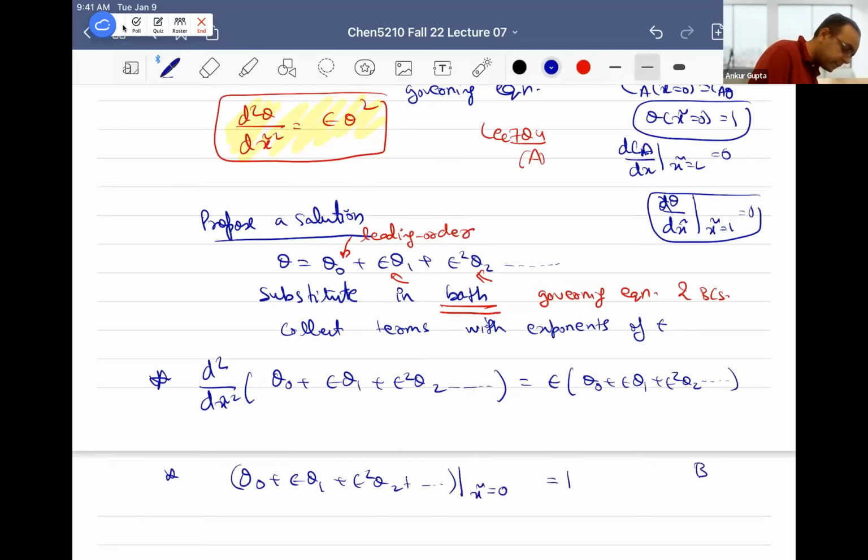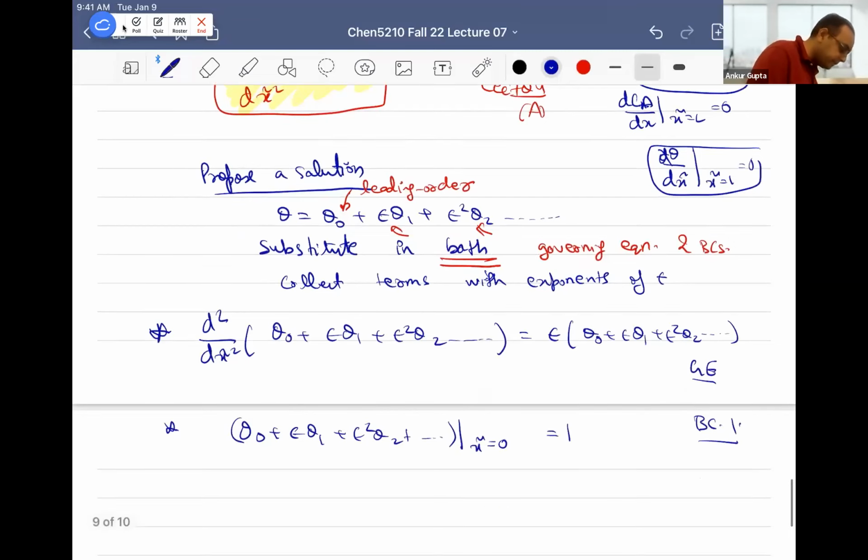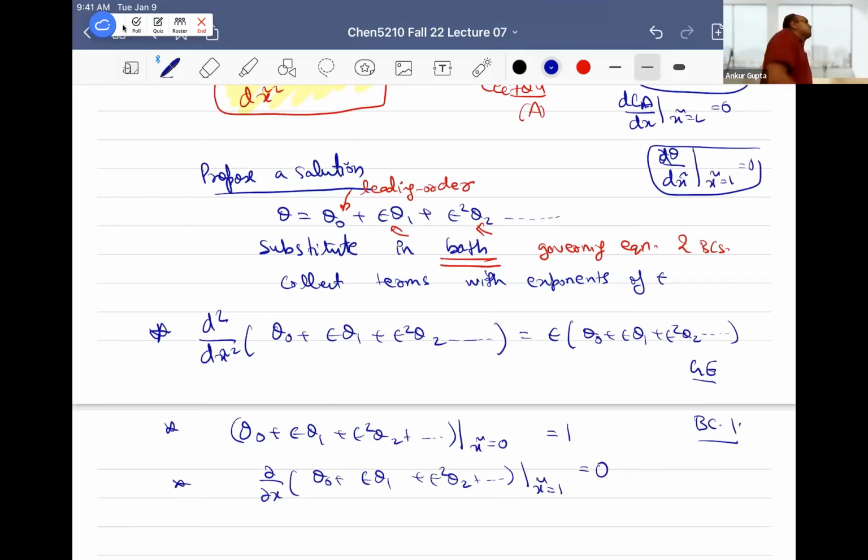This is my first boundary condition. Then, taking it one step further back, del by del x of theta naught plus epsilon theta 1 plus epsilon squared theta 2, and so on, at x tilde equal to 1 is equal to 0. So this is what I want.